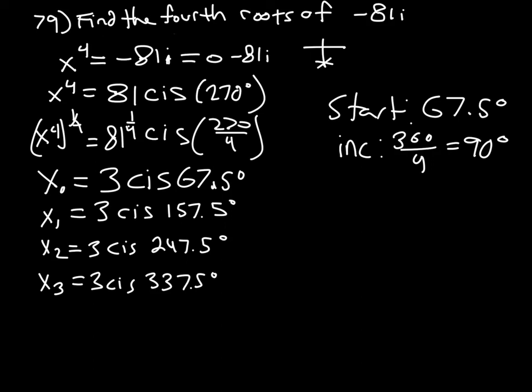So when we go through and add 90 each time, we get these answers: 3 cis 157.5, 3 cis 247.5, and 3 cis 337.5. Okay, so then let's just expand these out. So we would get 3 times cosine 67.5 plus I sine 67.5, and we could do that for the rest of these.